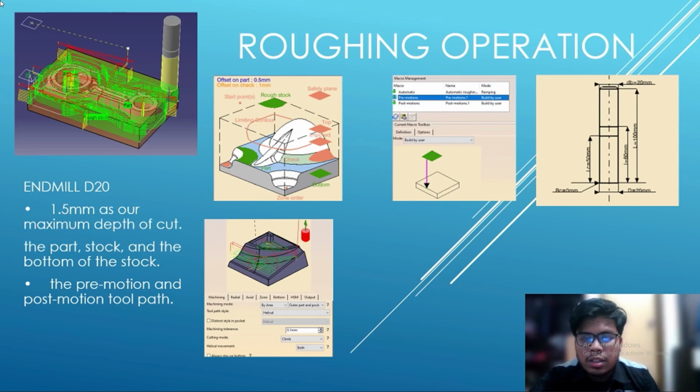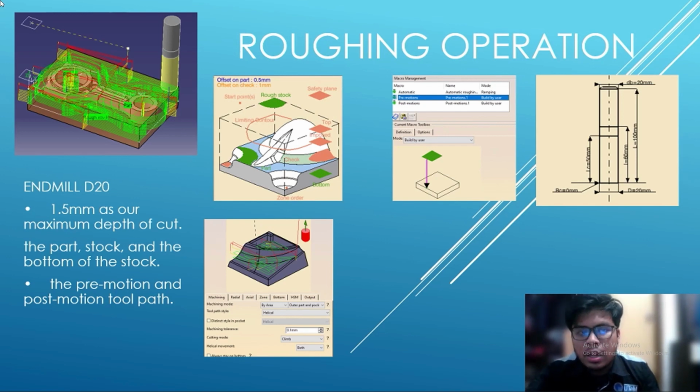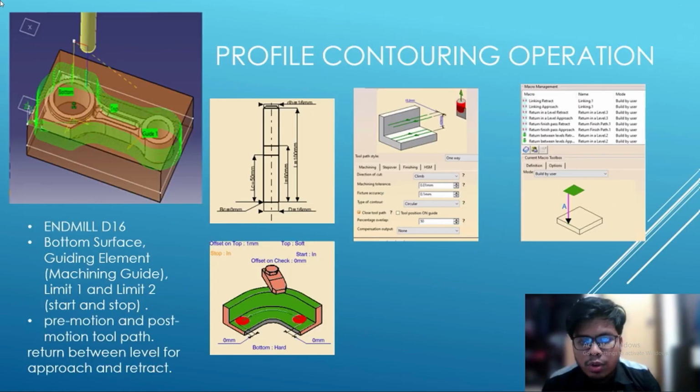We set up the selection of geometries, which is the part, stock, and the bottom of the stock. We adjusted the micromanagement, where we set up the plane of the cutting tool to define the pre-motion and post-motion toolpath.